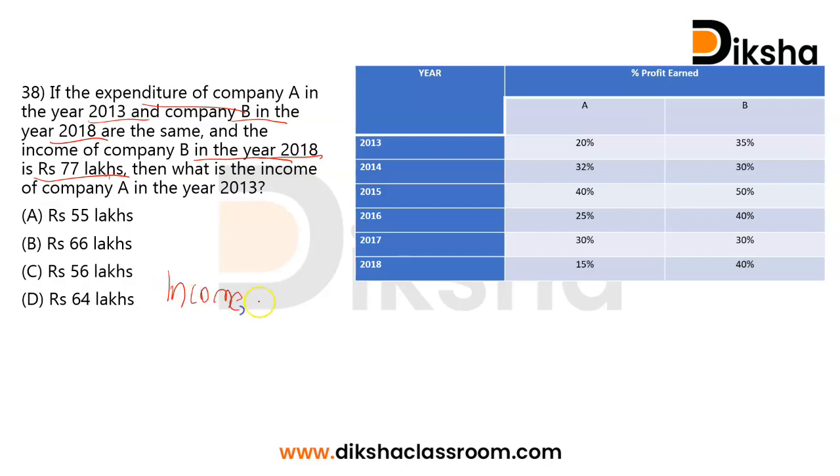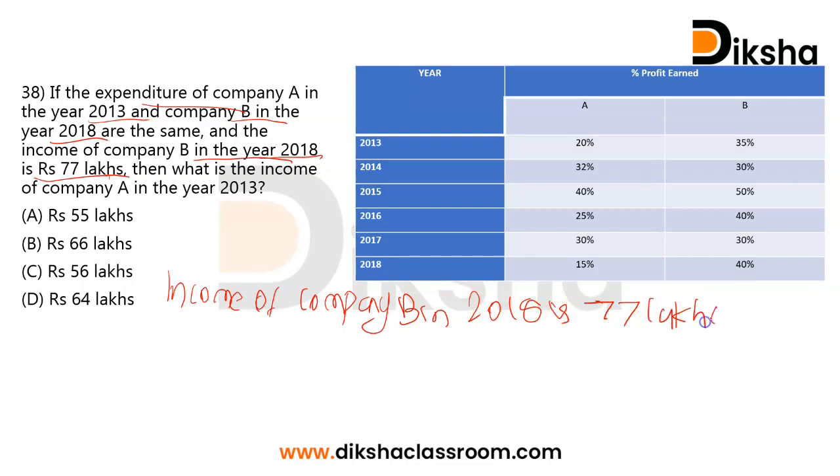Let's do it. It's given income of company B in 2018 is 77 lakhs. Also profit is, for 2018 company B, 40%.